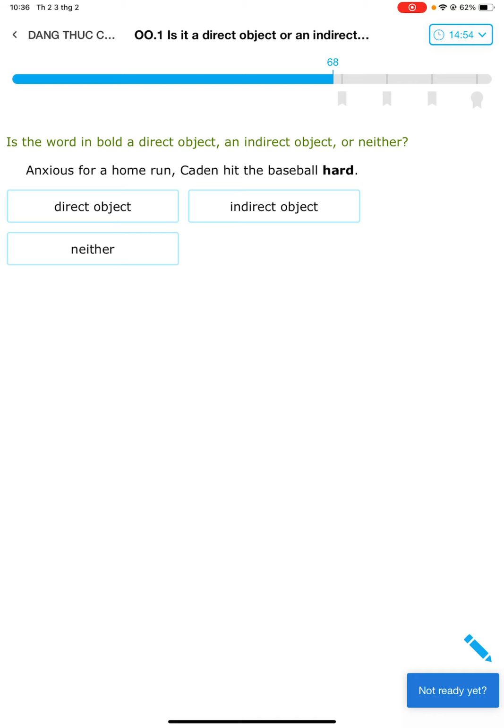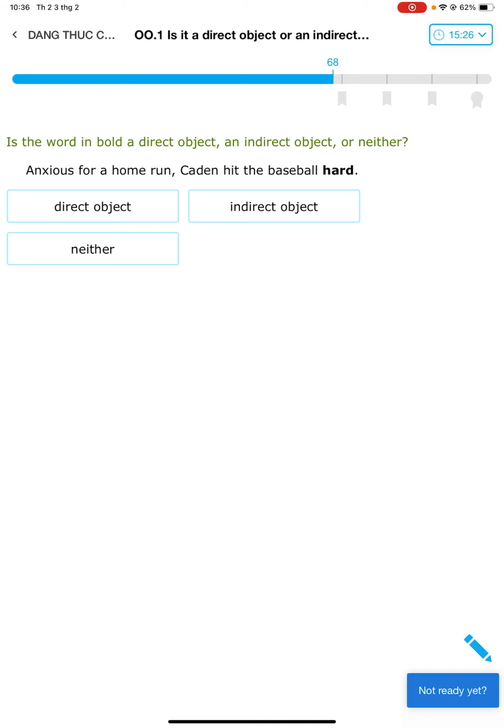Okay, anxious for a home run, Caden hit the baseball hard. Hit is a verb. So let's ask a question. What is Caden hitting? Caden is hitting the baseball. In this sentence, there is no indirect object. Like I said, the indirect object would be standing between the verb and a direct object.